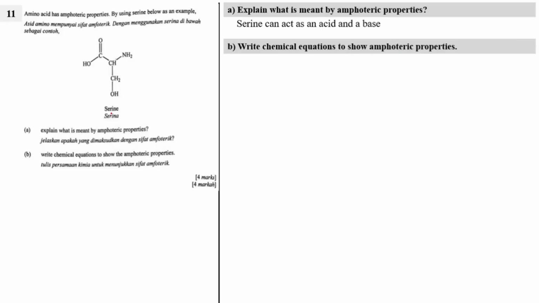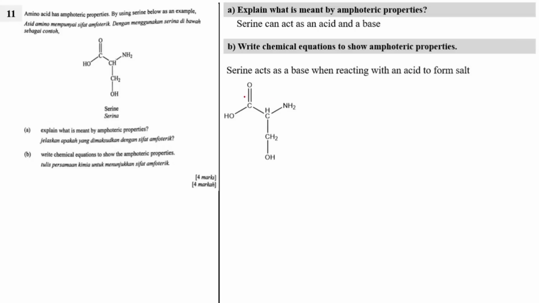So we're going to draw our serine, and the serine can act as a base when reacting with an acid to form salt. So let's say our acid here is the hydrochloric acid, and then in this structure, which is the serine, this part here, which is the amino group, is going to react as a base.